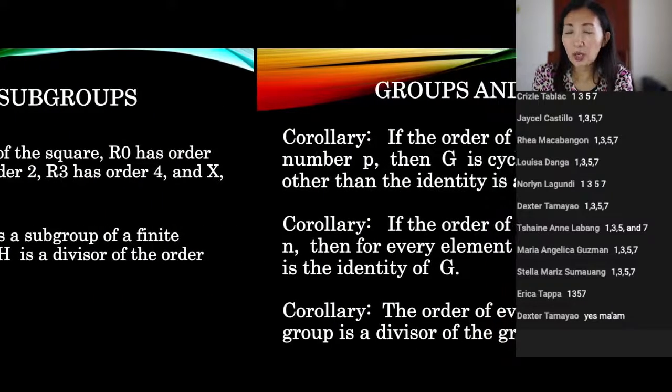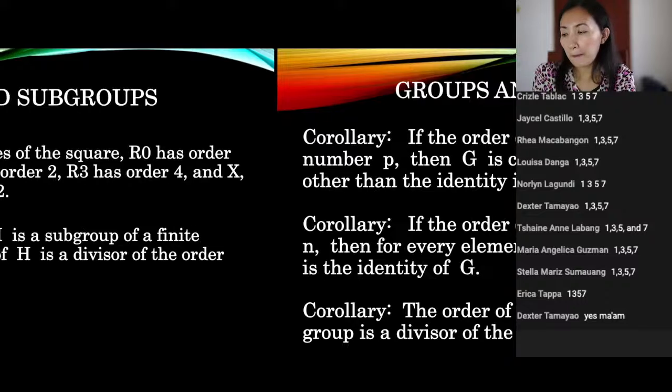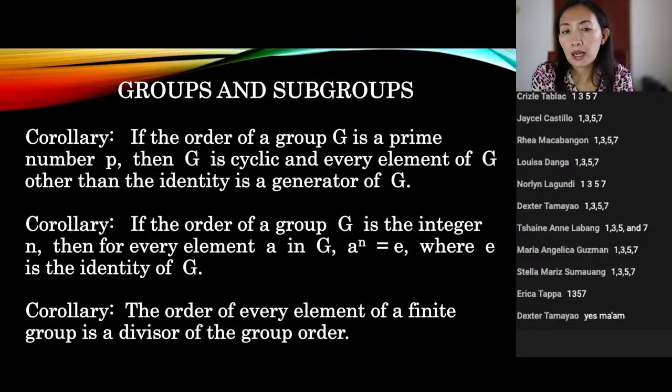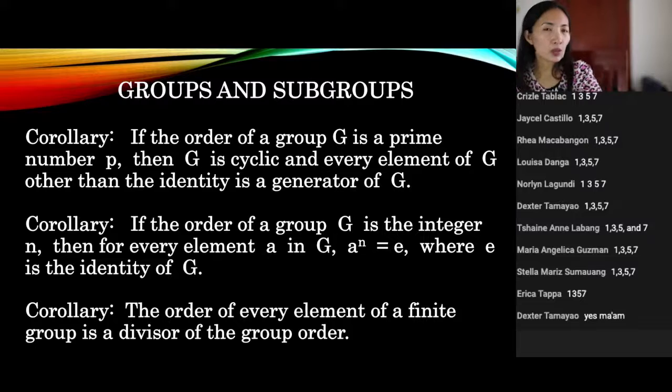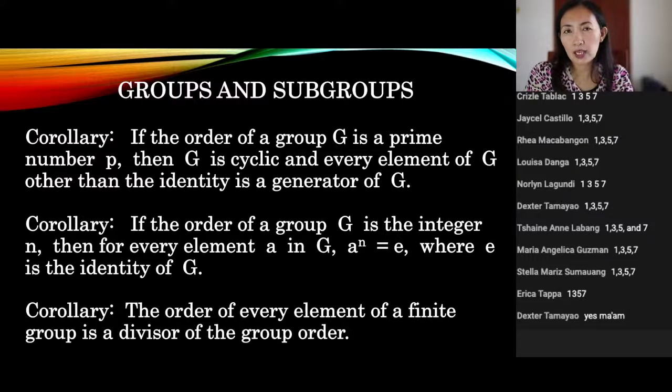Other questions here? So if I would ask you now to identify the subgroups of Z sub 12, although hindi natin sinagutan, ano yung mga posibleng order of the subgroups ng Z sub 12?